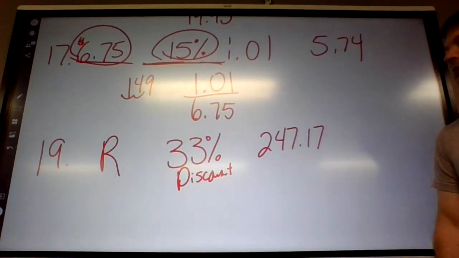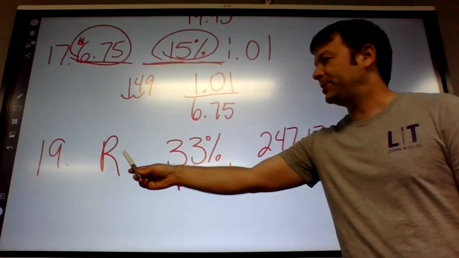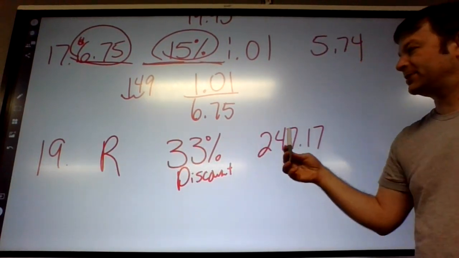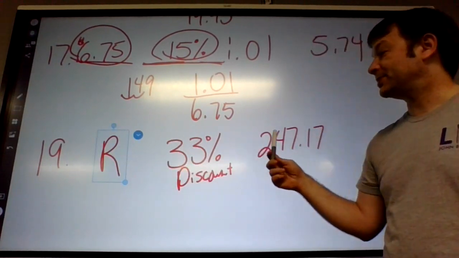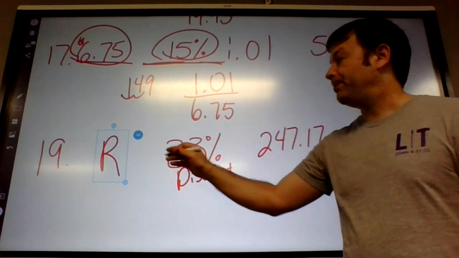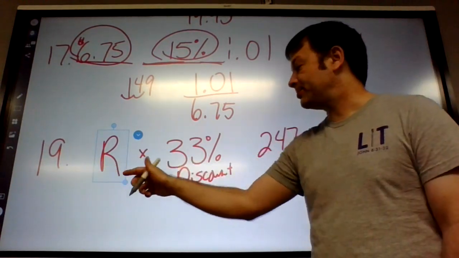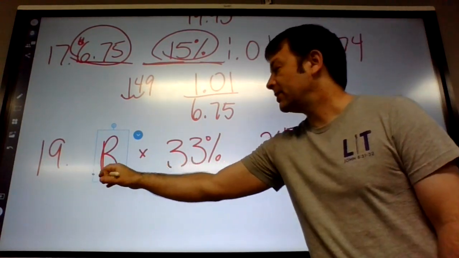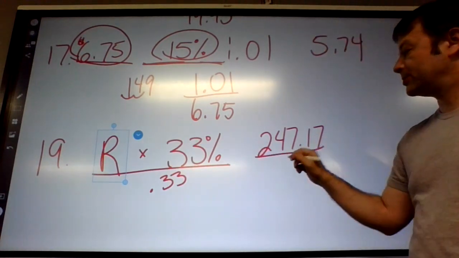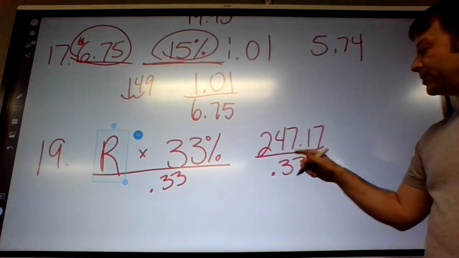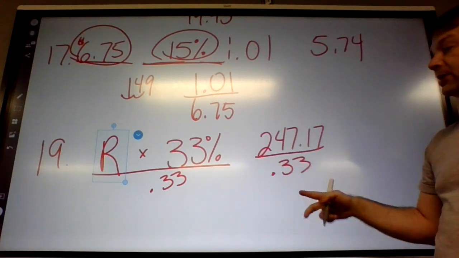All right. You guys remember what I said the relationship between the first three numbers is? This times this equals this. So how do we go backwards to figure out what R must be? Divide. Right, divide by the 0.33, the 33%. So this would be what we need to plug in our calculator right here.